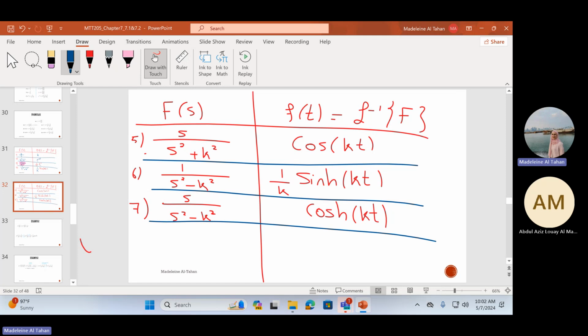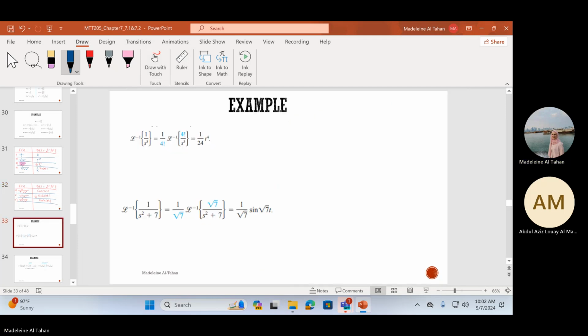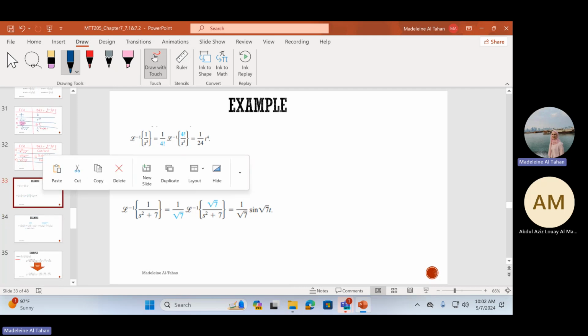Did we finish writing the formulas? Okay. Let's put our own examples. These are solved. So let's start with our own ones.